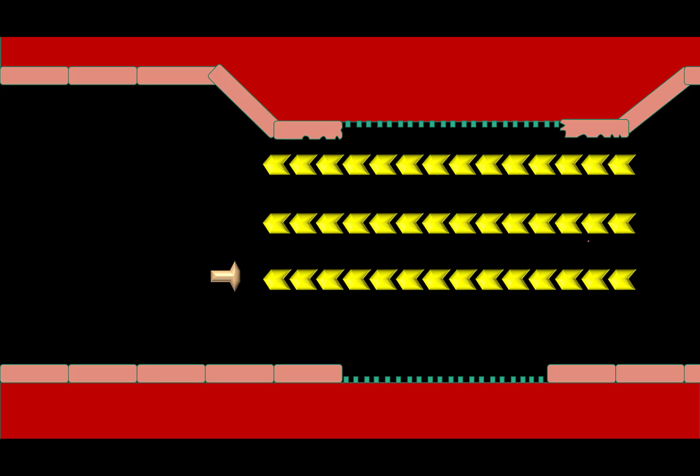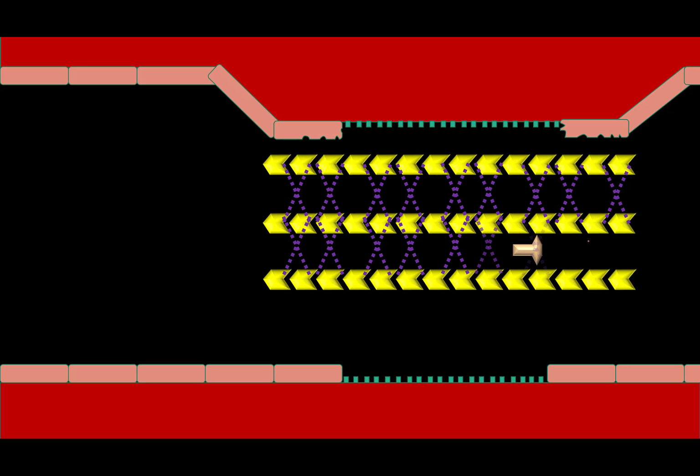Once factor 13 gets activated, it forms cross-linking of these fibrin strands. This cross-linking of the fibrin strands will make a fibrin mesh. This fibrin mesh is the end product of coagulation. All these factors were required for the formation of this fibrin mesh.